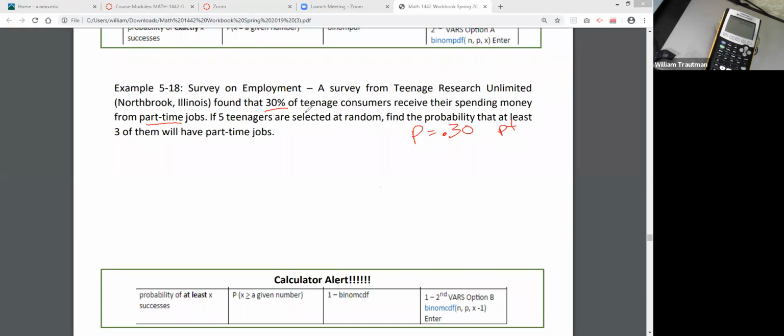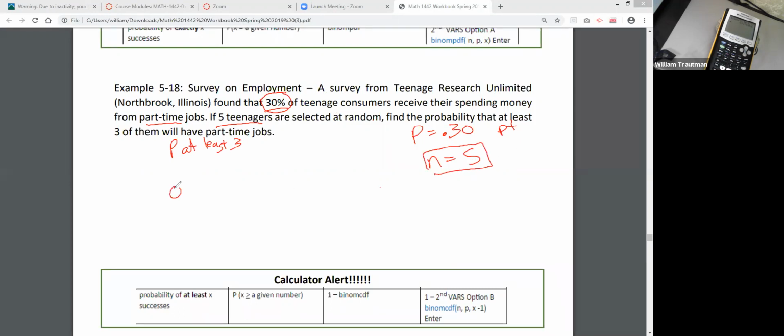That's the probability, 30% get it from a part-time job. If we have 5 teenagers, n equals 5, there are 5 people we're going to randomly select. Find the probability that at least three will have a part-time job. So let me put all the numbers here. N is 5.